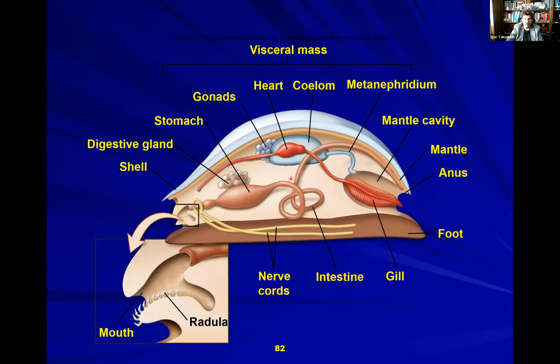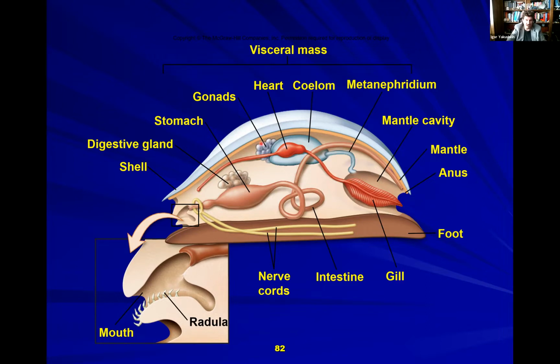They have an open circulatory system. So again, look at this particular thing. We have the heart pumping the blood into where? Why does it stop? Because the blood literally spills out, and all of those internal organs are bathing in the blood, and then it collects, and somewhere here they have gills, to aerate, to bring the oxygen to the blood.